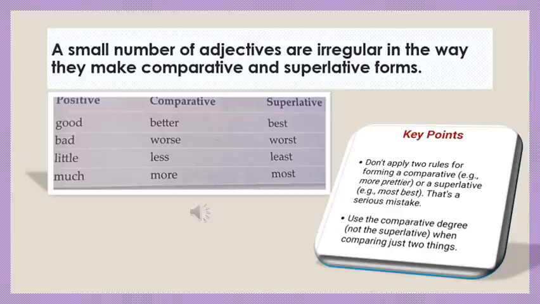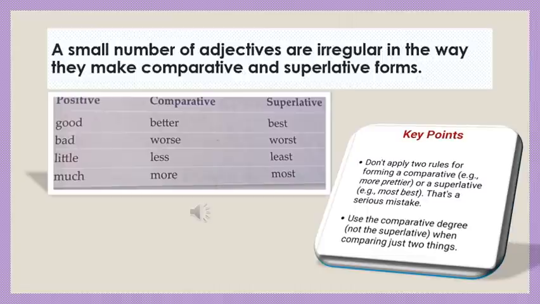You can see the example. Positive one, good. To make it comparative, it is better. And the superlative is best. If we add -er and -est, we will not get the comparative and superlative degrees respectively. That is why it is called irregular comparatives.